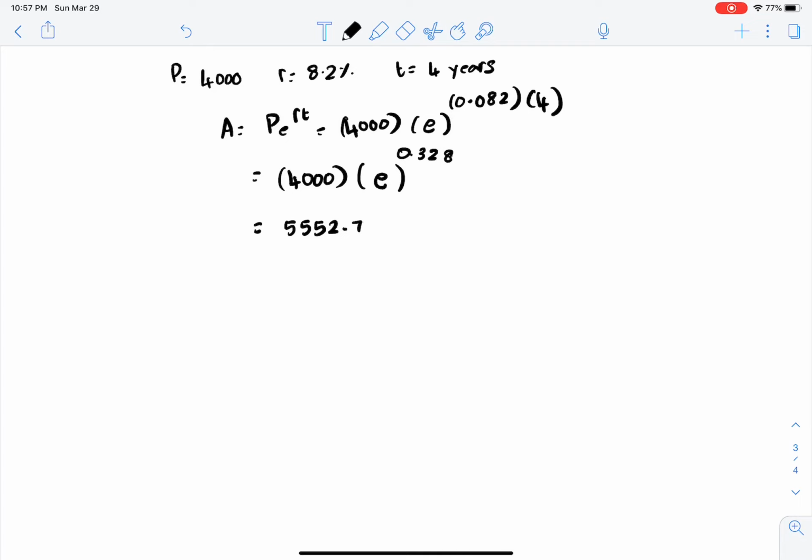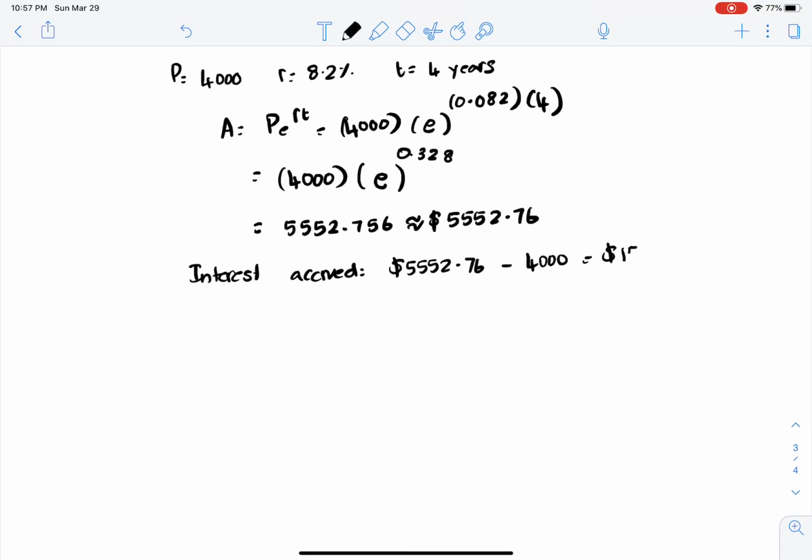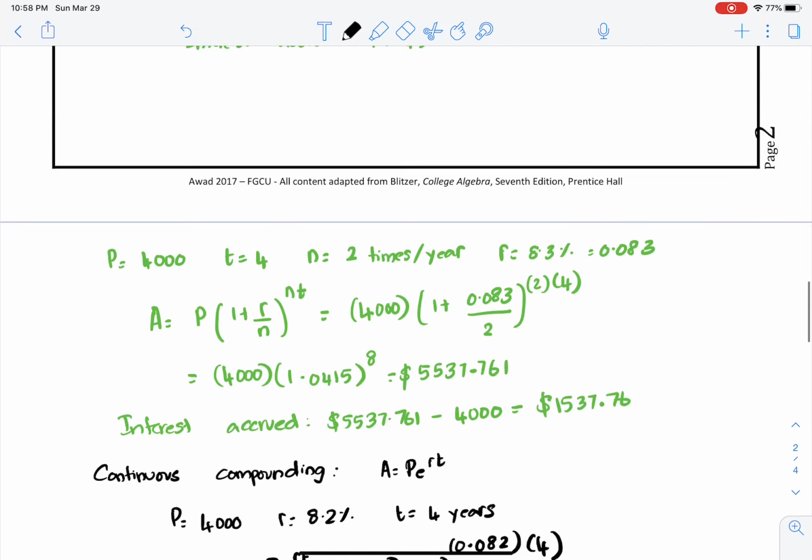And we get the amount as 5,552.76. So the interest accrued in this case is the final amount at the end of 4 years minus $4,000. We get 1,552.76.